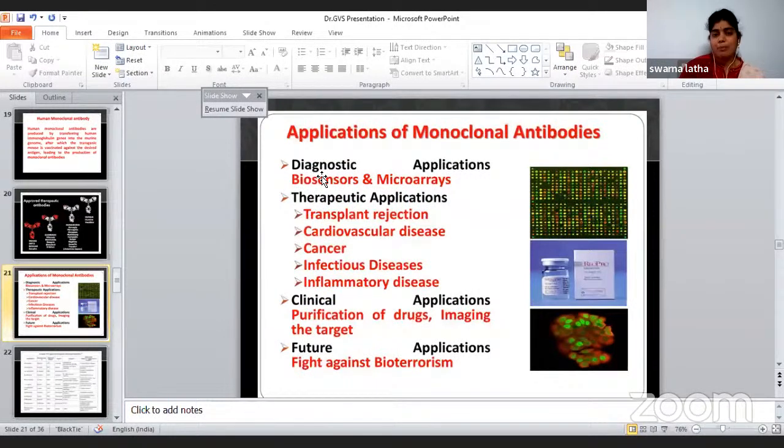In therapeutics itself, in almost all areas, they are used, like in diagnostic biochemical analysis, some cancer treatments, transplant rejections, infectious diseases, laboratory experiments, and some protein purification mechanisms. In all those things, we are using monoclonal antibodies.